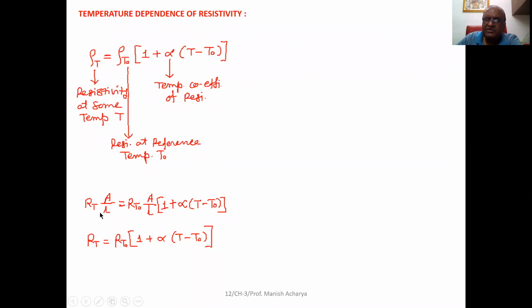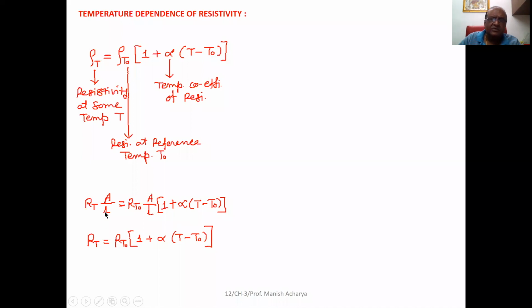At temperature T or T0, area and length are constant. So R at temperature T into A upon L is equal to R at temperature T0 into A by L into bracket 1 plus alpha T minus T0.